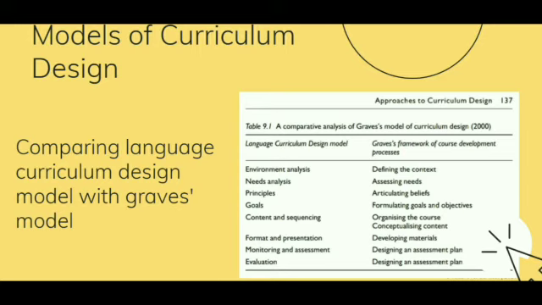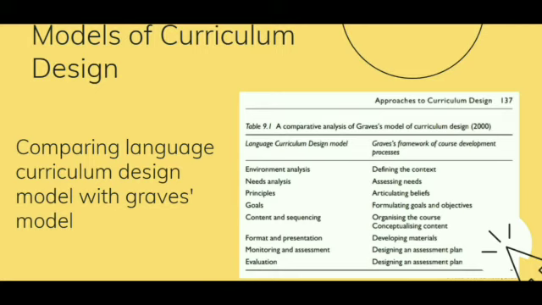After comparing those models, I recognize that both of them have 8 parts, but they are not really the same. There are two major differences between them. The first is that the content and sequencing part in the language curriculum design model is different from CREF's model, which consists of 2 parts: organizing discourse and conceptualizing content.